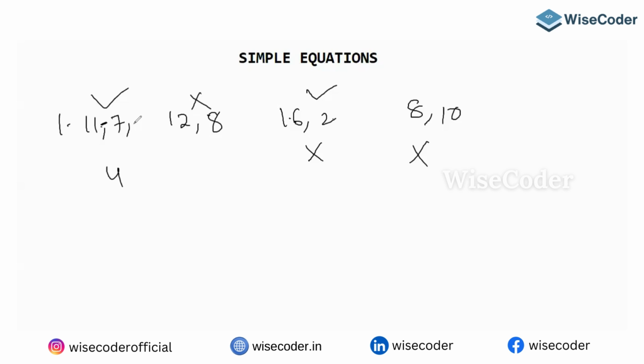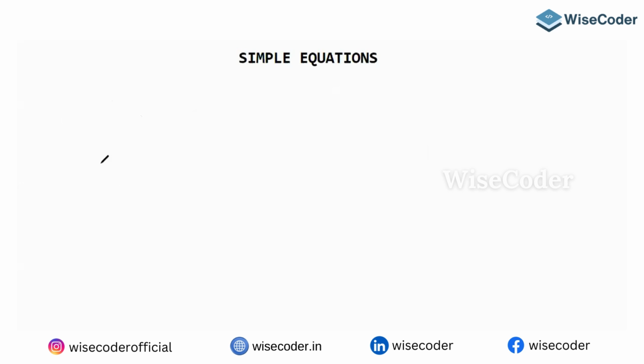Find the fraction. Your options are: option 1, 7 by 9. Second option 5 by 7. Next option 11 by 13. And the next one 9 by 11.